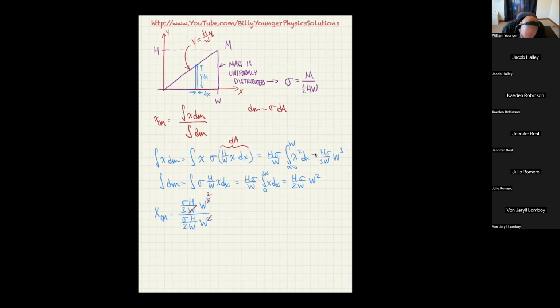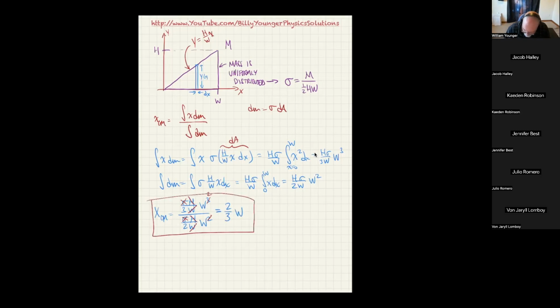This one's going to become 1, and that one's disappearing. This one's going to cancel out completely with this one. This one's going to completely cancel out with that one. So ultimately, all I'm left with is 2/3 of, now I've got a w squared over w, so it's 2/3 w. And that, by the way, is the rule for triangles. It's always 2/3 of the way to the widest part.